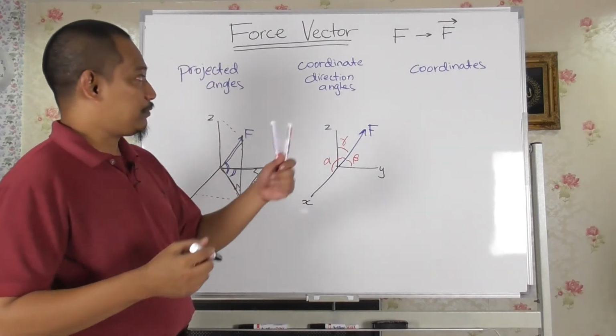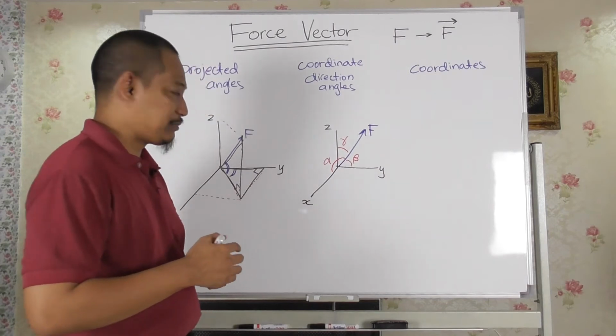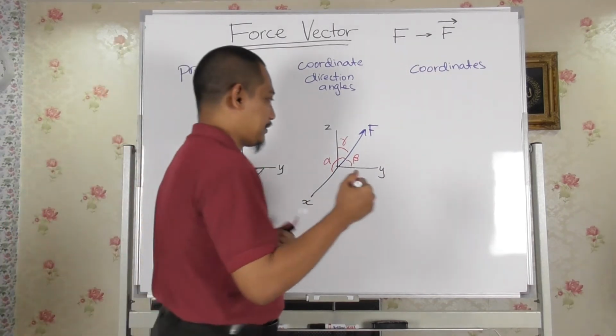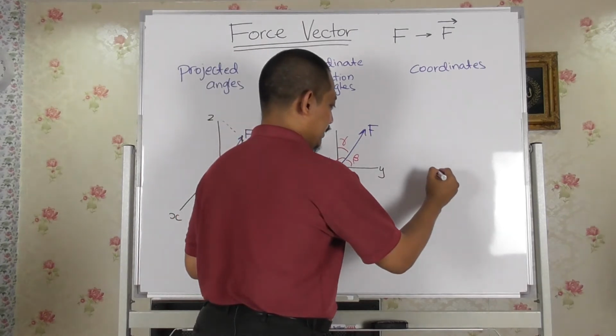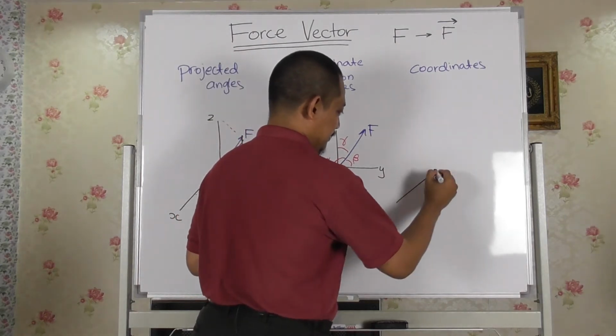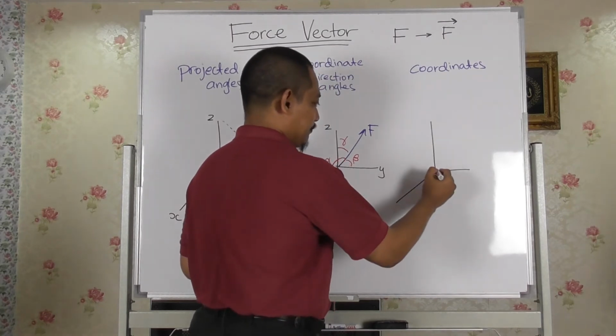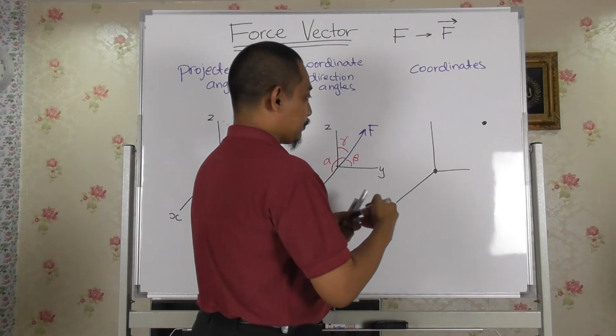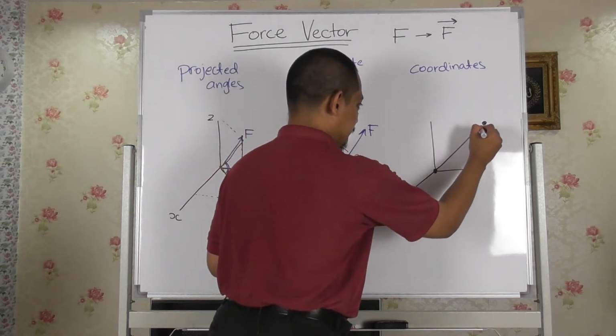Anyway, the third one is coordinate. Sometimes you do not have any direct angle given, but you still draw the axis, and you have one point here and one point here where you know the force is in that direction.